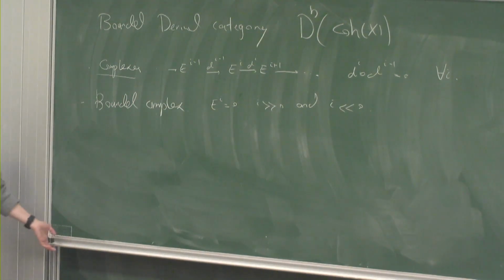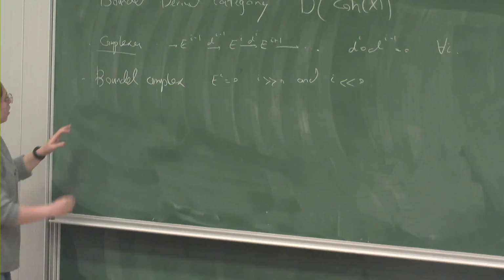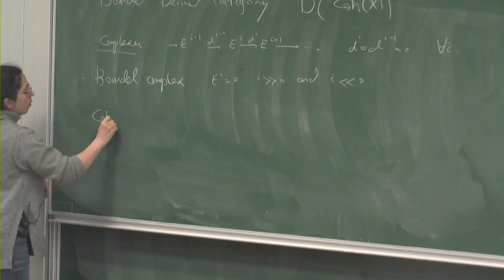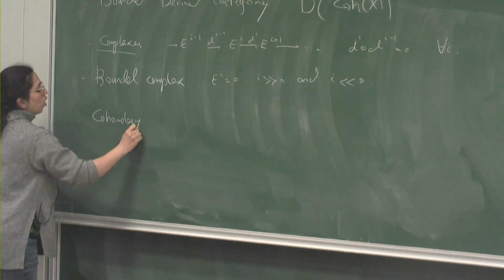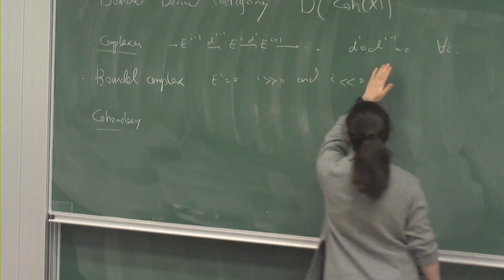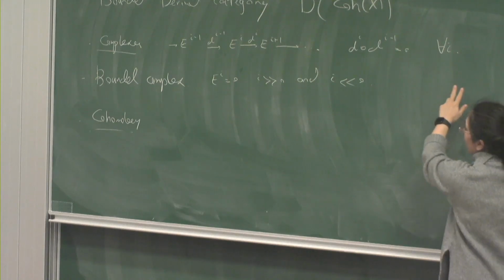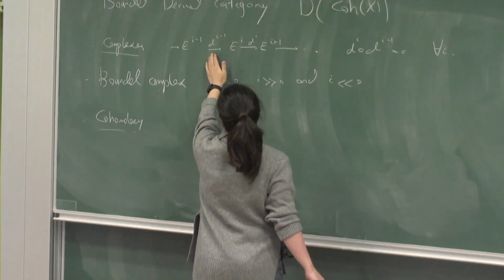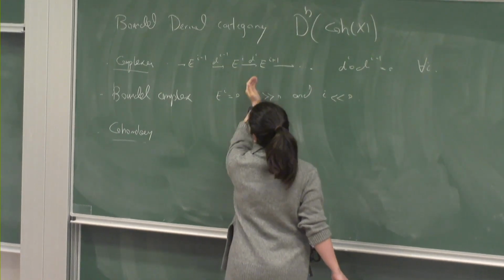Okay, so let me also recall the notion of cohomology. Because of the assumption that the composition of two consecutive maps is 0, we know that the image of d_{i-1} is inside the kernel of d_i.